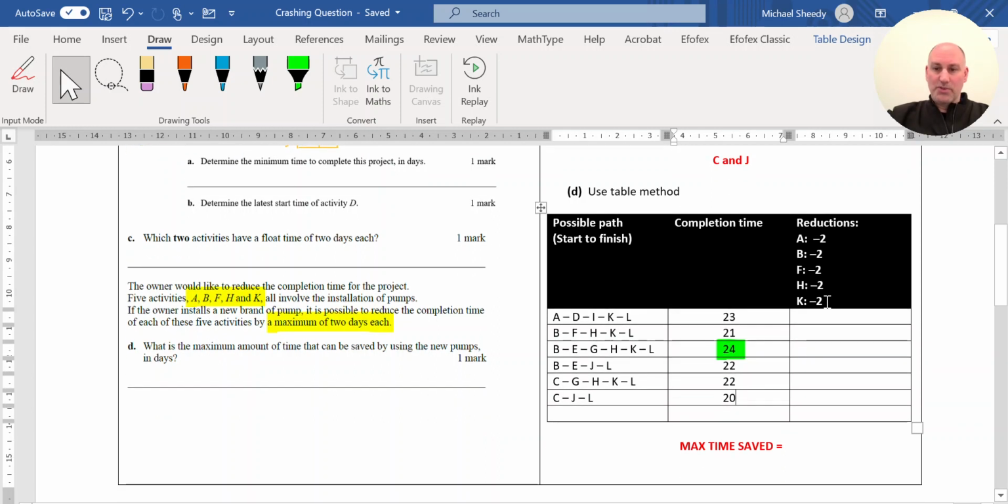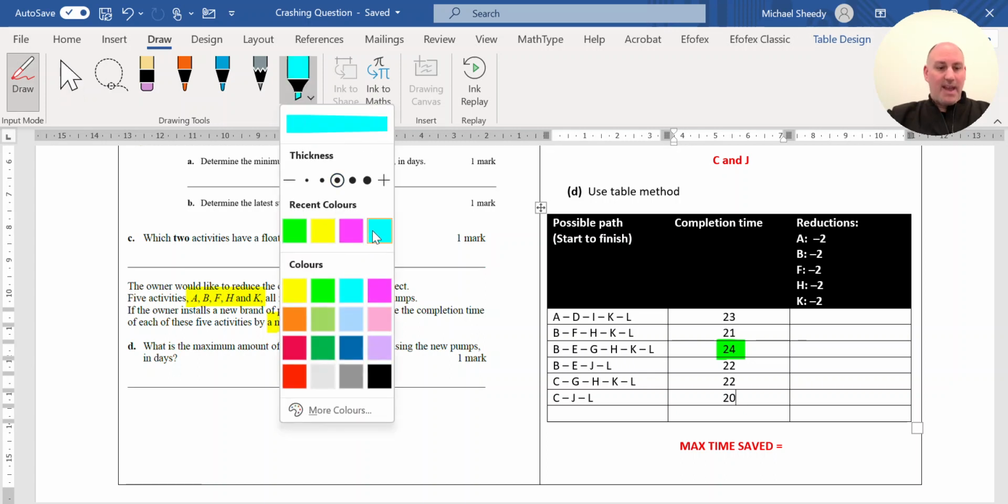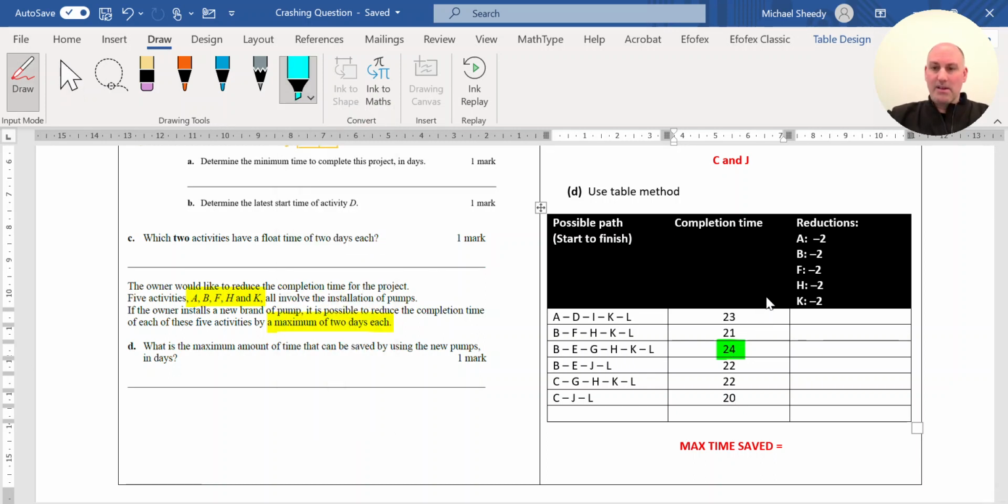So now what I want to do is look at all of the 6 paths that I've listed here and identify whether we can make any reductions according to this reduction column. So looking at the first path, I have ADIKL. Look at the reductions column here and identify the activities we are allowed to reduce. So A is allowed to be reduced, D is not one of them, I is not one of them, K is one of them, and L is not.